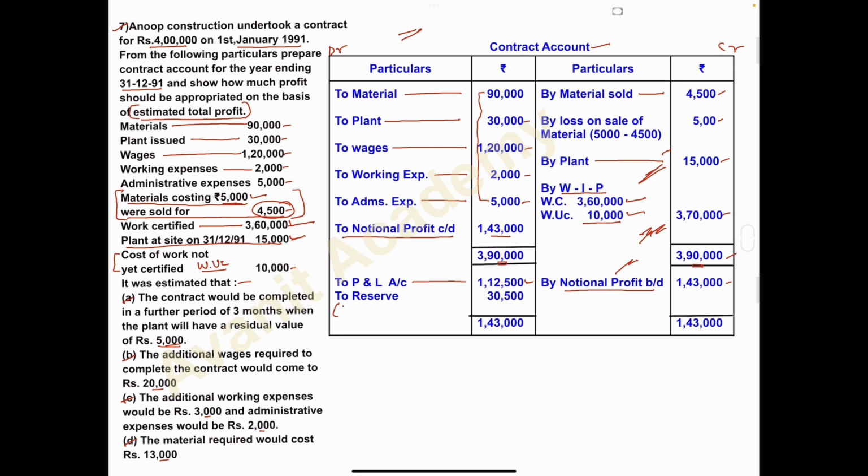Okay, notional profit is 1,43,000. From that minus 1,12,500. You will get 30,500. This amount is transferred to reserve. And total of these two, 1,43,000 and here 1,43,000. Okay, got this problem?